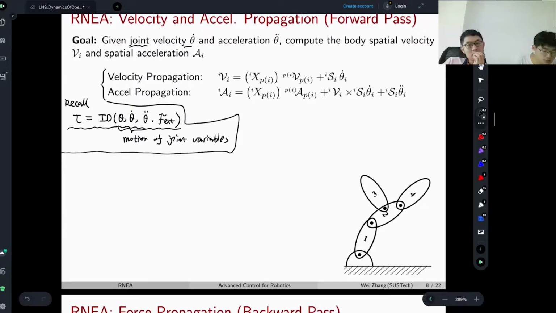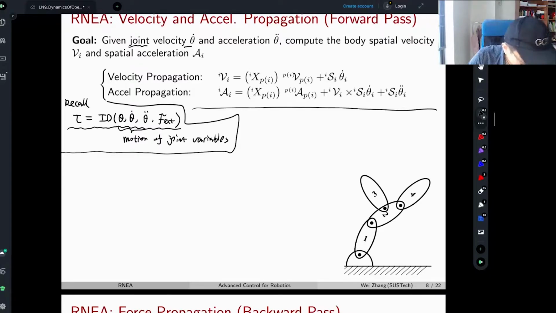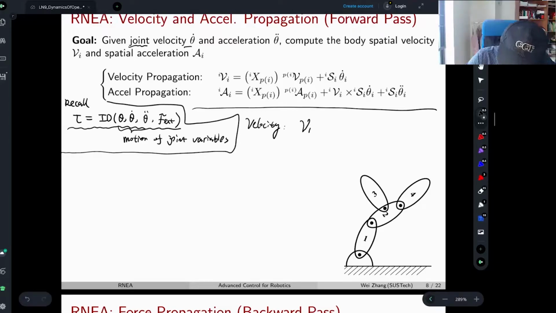This is quite simple actually. Let's do it in a recursive way, starting from simple ones. So velocity. Let's say v1. We are given all the theta, theta dot, theta double dot. Let's not bother about the external force; let's think they are 0.